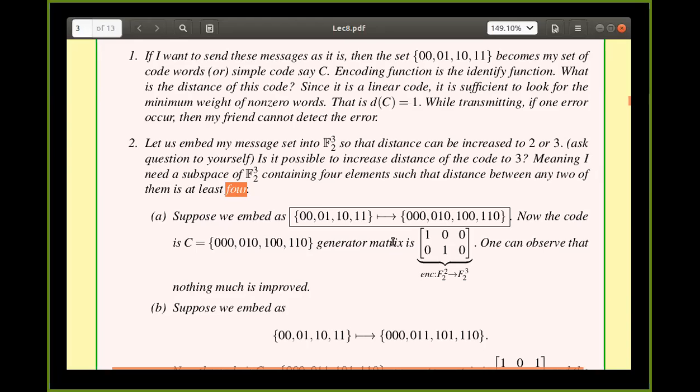Now what is the generator matrix? You remember the generator matrix is the function that takes F2 power 2 to F2 power 3. So you multiply 00 this side, 00 multiplied gives 000, and so on. It is matrix multiplication: 1 cross 2 times 2 cross 3 gives 1 cross 3, right?